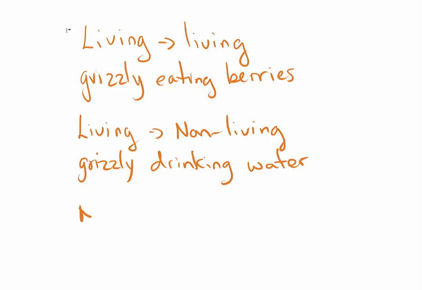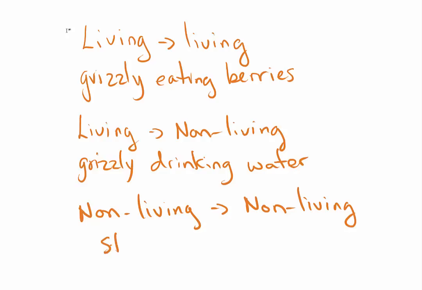Okay. Then you can also have a non-living to non-living interaction. And that could be like a stream or a river passing over rocks. Okay, so they would be weathering and eroding those rocks.